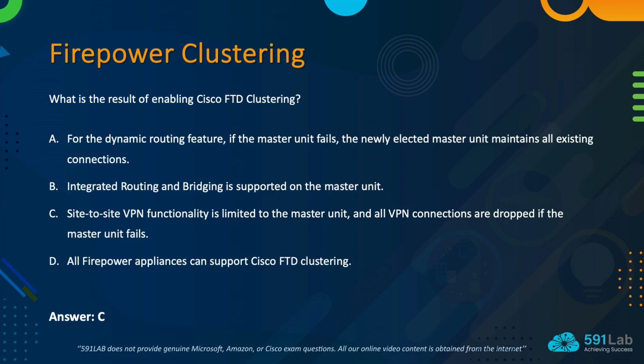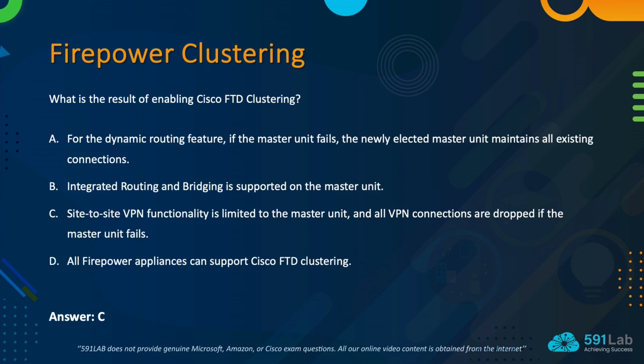Hence, the answer is C, which is site-to-site VPN functionality is limited to the master unit, and all the VPN connections are dropped if the master unit fails. Here are the other answer choices and why they are incorrect.